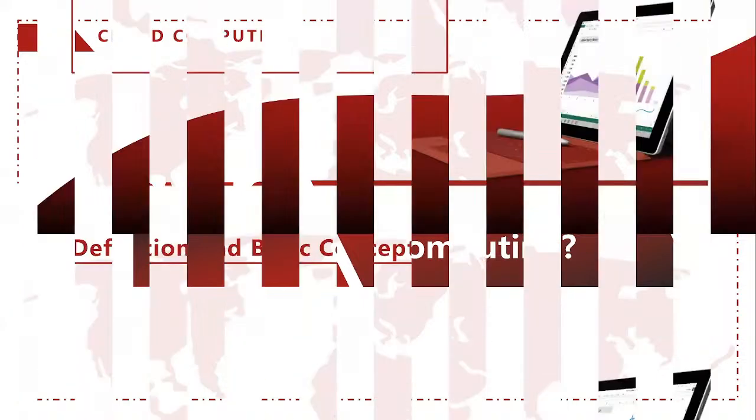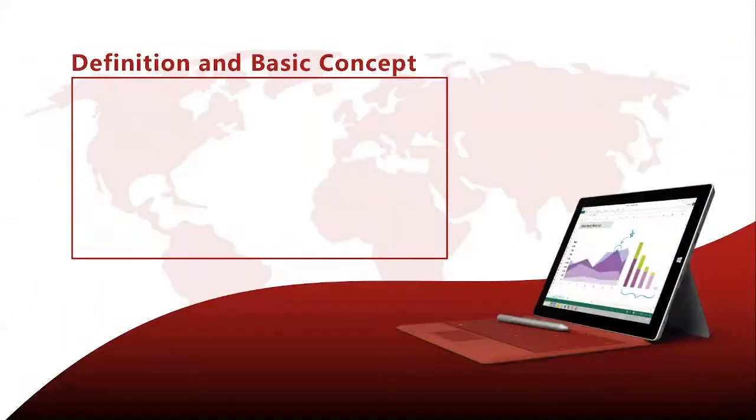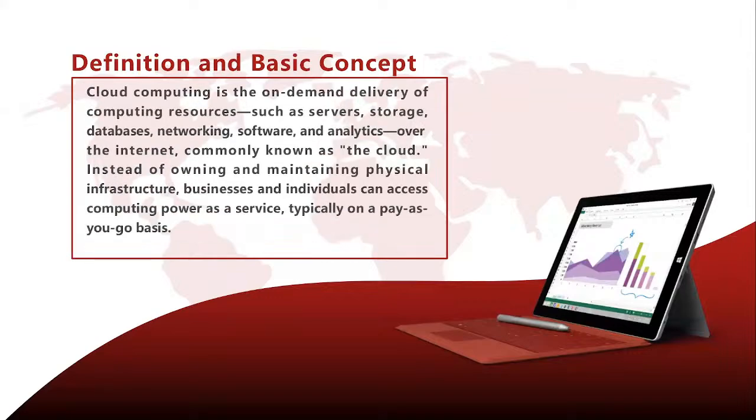So when we talk about cloud, cloud computing is actually the computation where the cloud is involved. And now this cloud is simply the place where we are storing our data on a server, you can say. So, cloud computing is the on demand delivery of computing resources such as servers, storage, database, networking, software, and analytics.